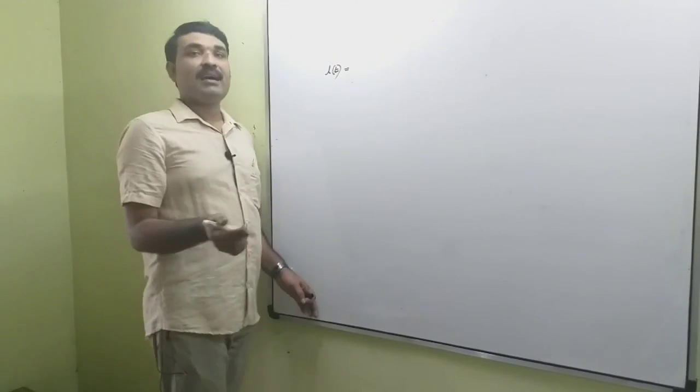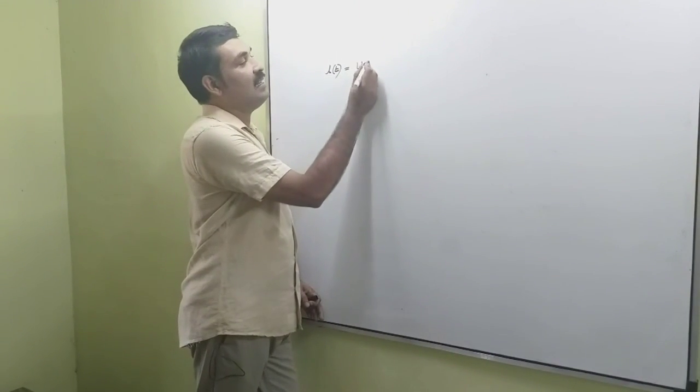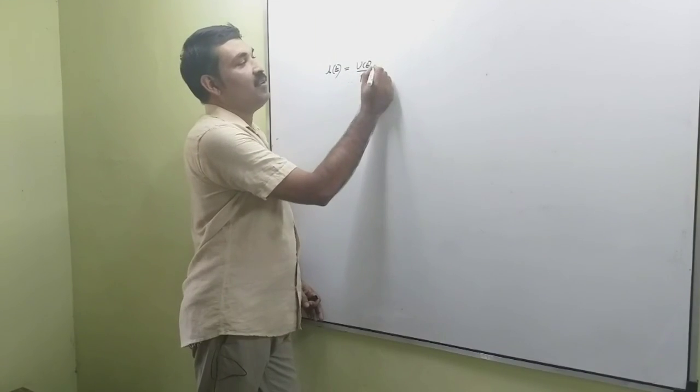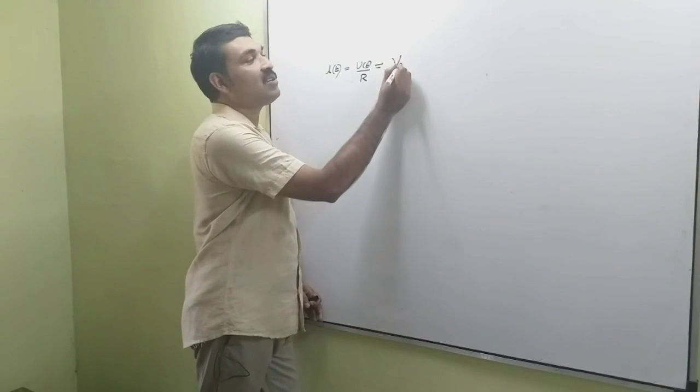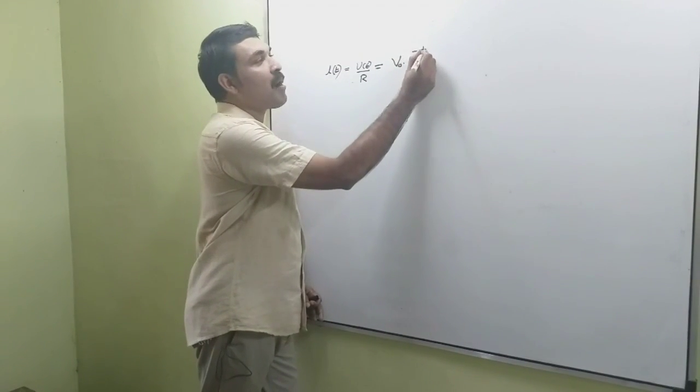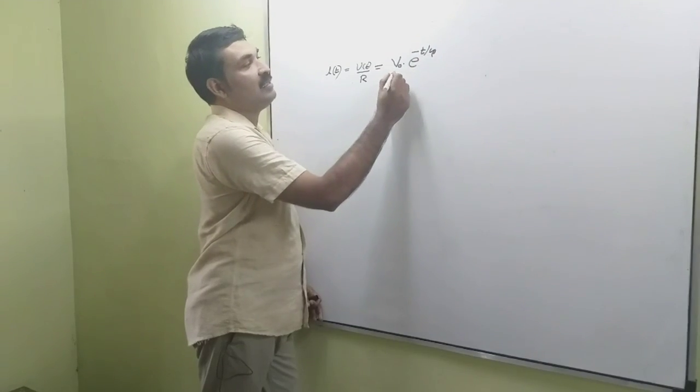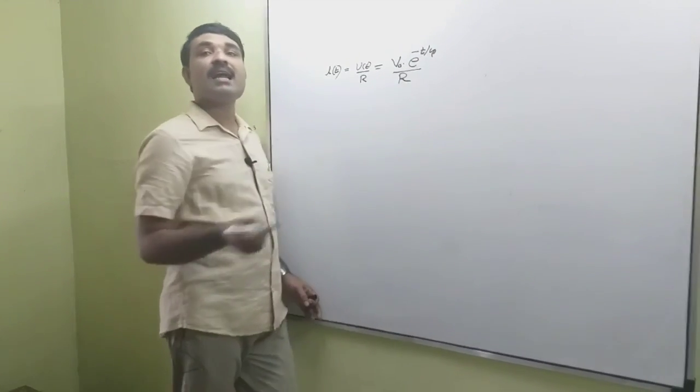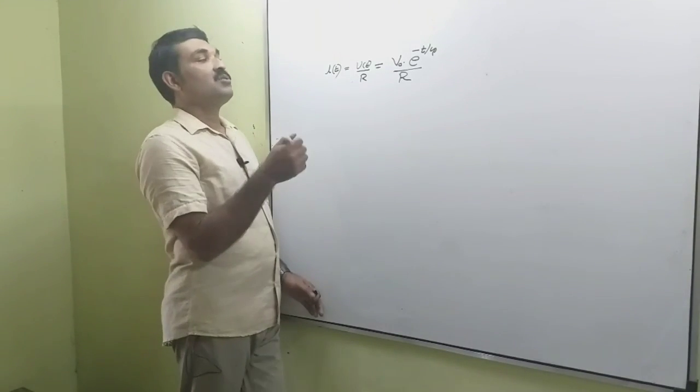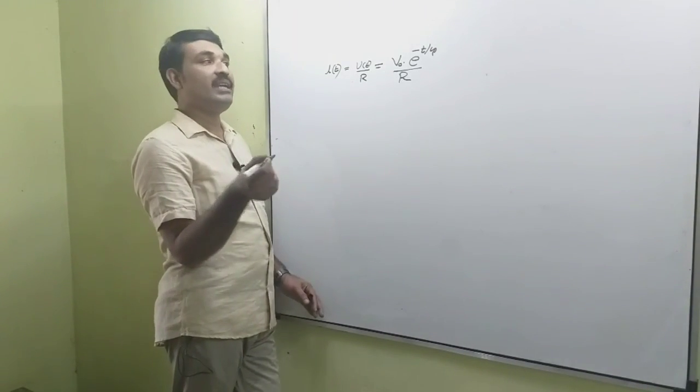For the circuit, current through the circuit is V of t divided by R. Now we know that V of t is equal to V0 into e raised to minus t by tau. This divided by R is the current through the circuit. So current is also exponentially decaying.